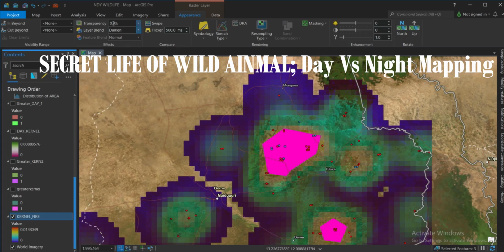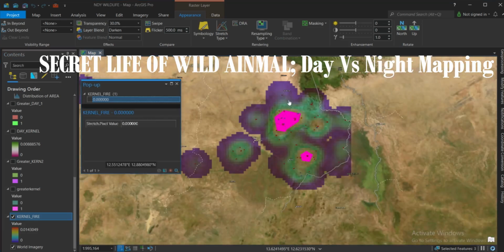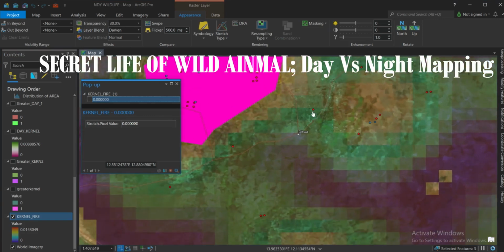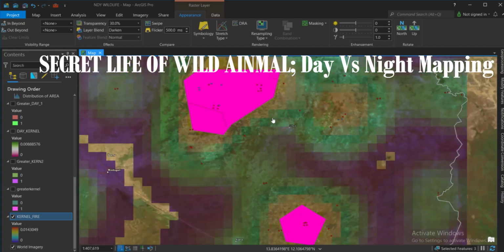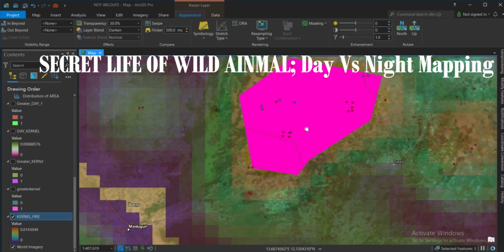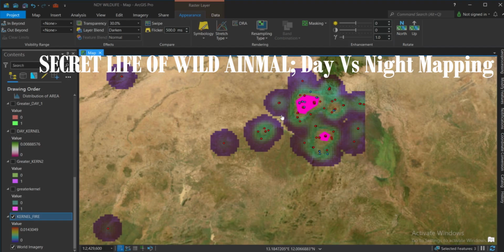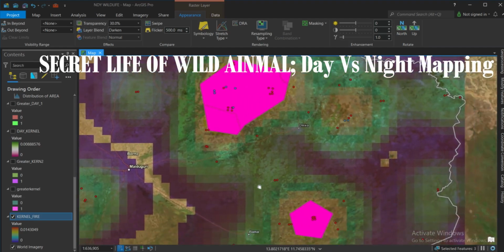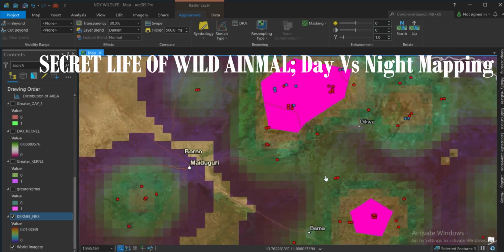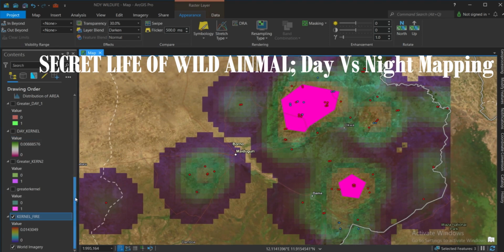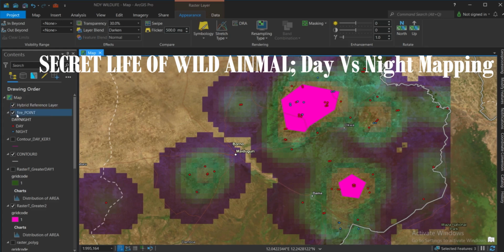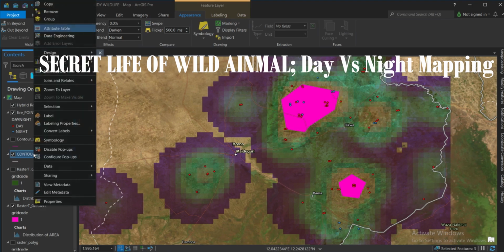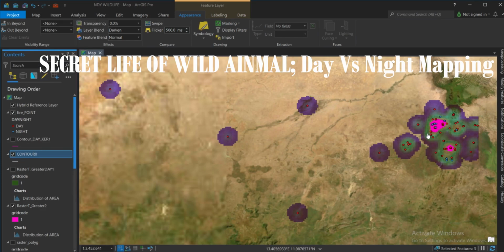You can see the blending of the species. So you can see the purple area, the purple and the blue zone, which represent areas of low density.